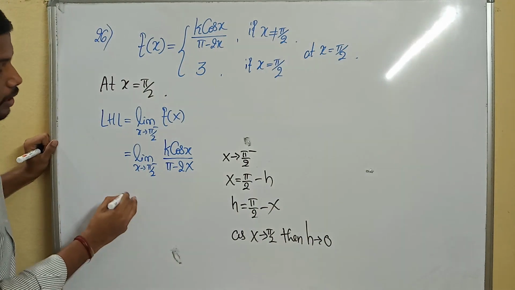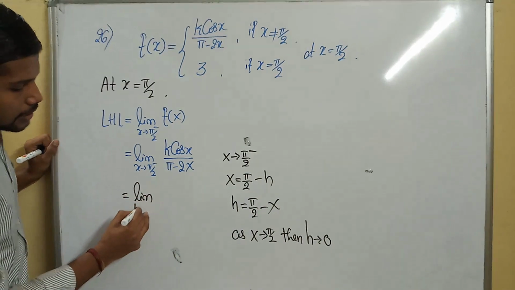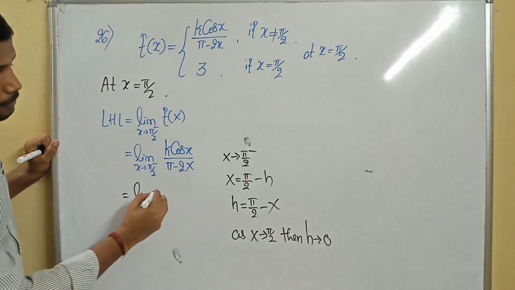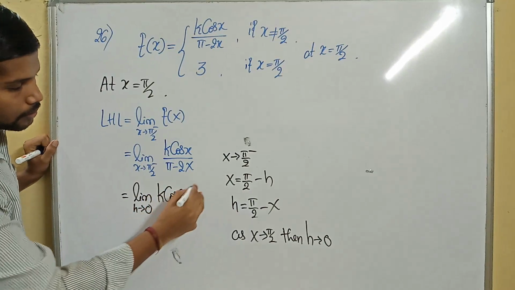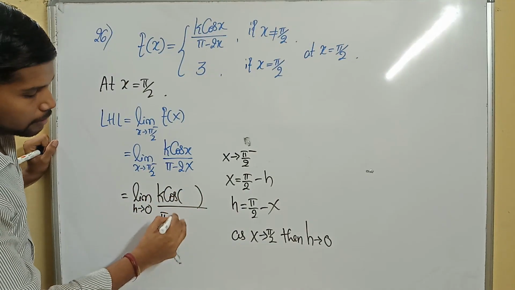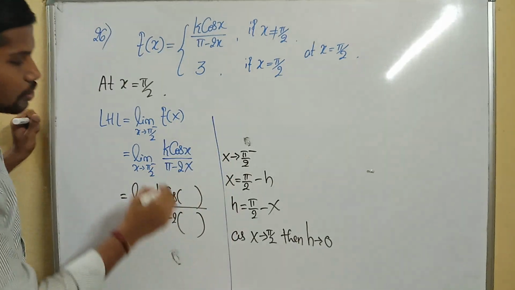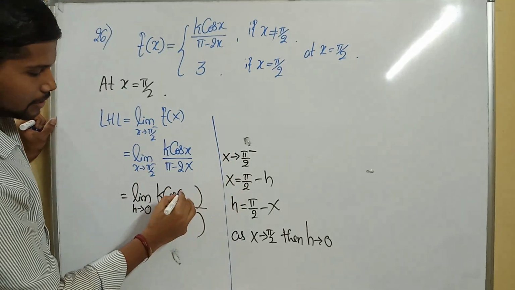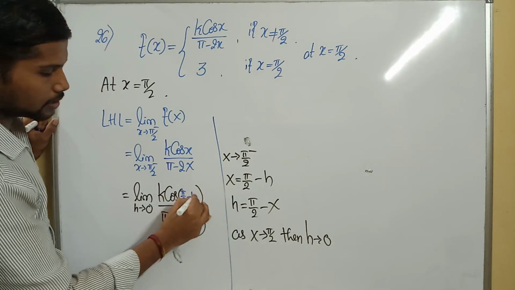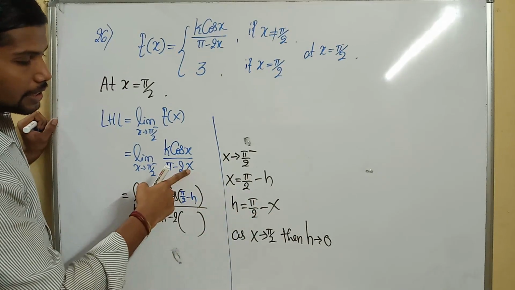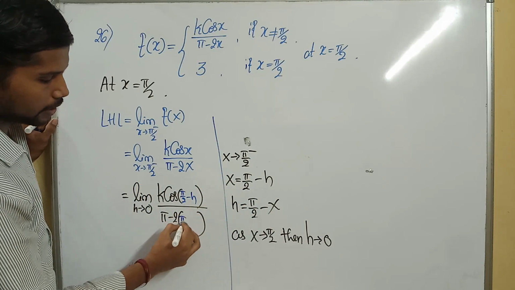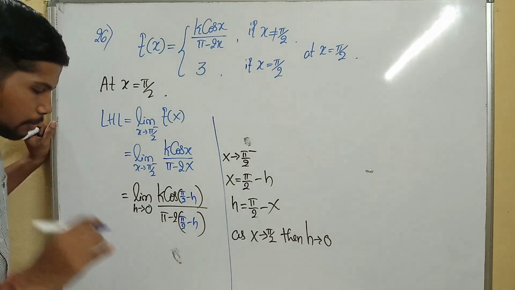Now then I'd like to write this one as limit as h tending to 0, that is changed. K cos of, denominator pi minus 2 into that. I'd like to change the parts. What are the changes? X replaced by pi by 2 minus h. Understood the part clearly?